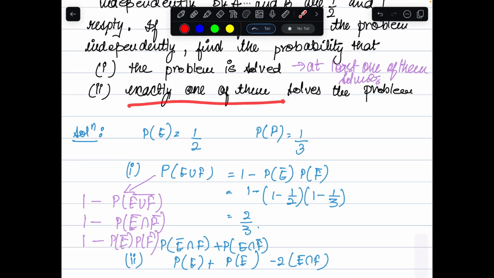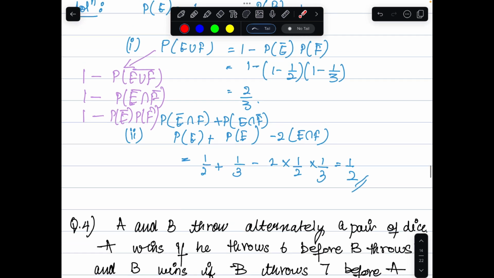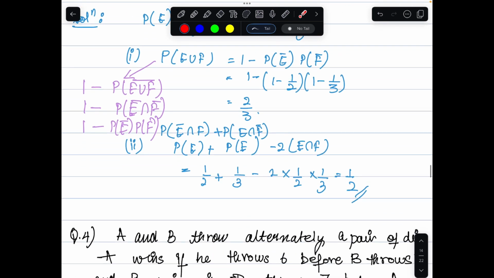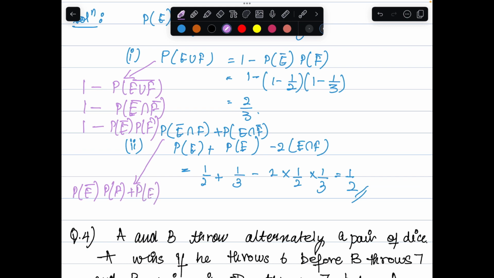Next is exactly one of them is solving. Both cannot solve together. So how will it go? E is not solving, F is solving. Or E is solving but F is not solving. Right? And then when you simplify this, it will be P of E bar into P of F plus P of E into P of F bar, and then again you open P of E bar, P of F bar, and when you simplify, this is what you will be getting.